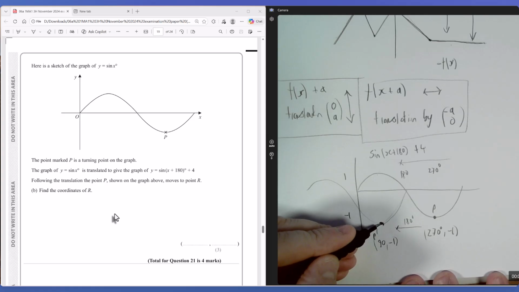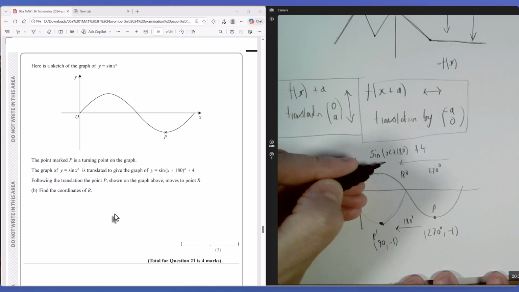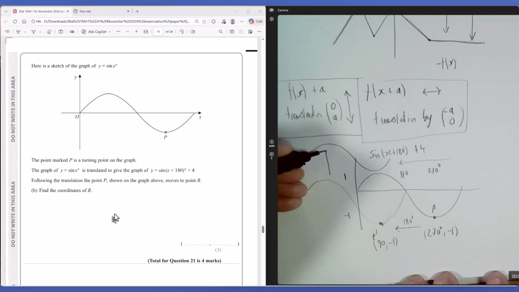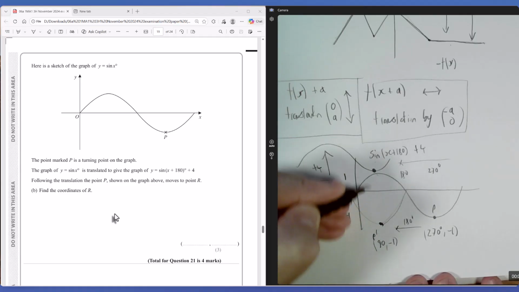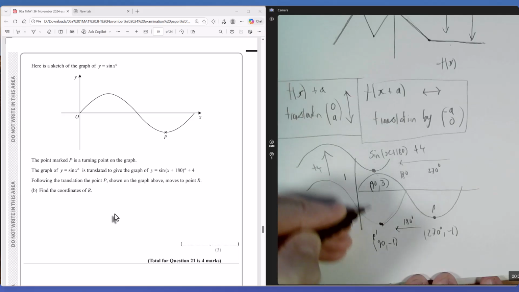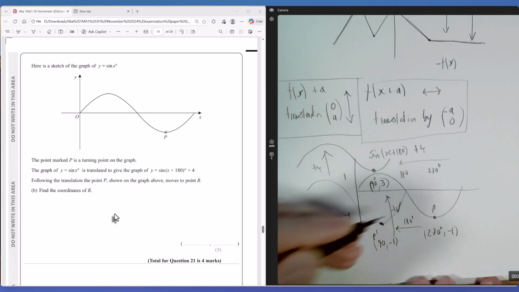So that one that is now at minus 1, if I add 1, it will go to 0, add 2, add 3. The whole graph will have moved up by 4, like that. So this coordinate here now is going to be at 90 and it's going to be at 3, because minus 1 add 4 takes it to 3.